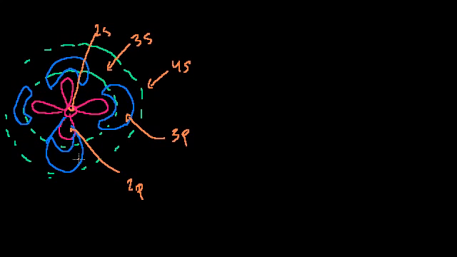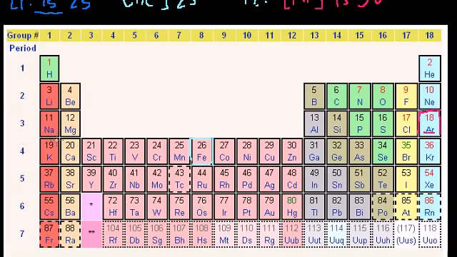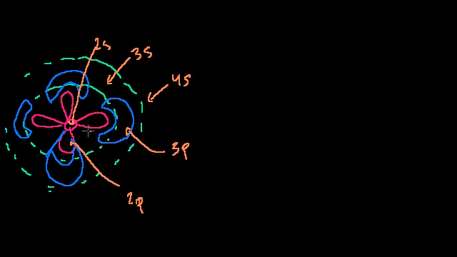But my intuition behind why the d orbital gets backfilled is because now, as the atom gets larger and larger, you have these spaces in between the previous orbitals. So after filling the 4s orbital, we go back and we fill in the 3d orbitals.